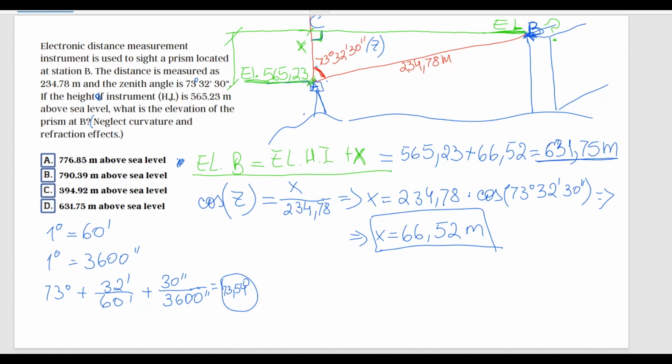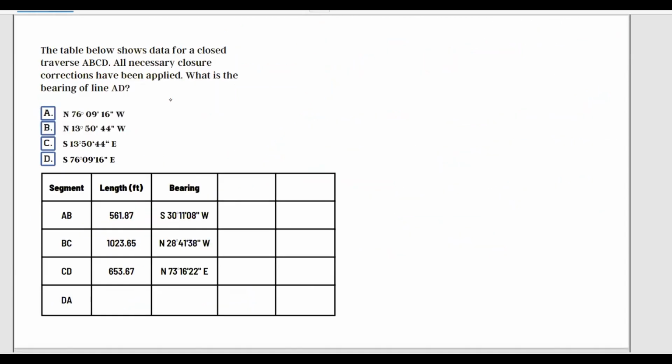And this is the elevation at B, 631.75. The correct answer is D, 631.75 meters above sea level. Perfect, let's move on. Next problem.